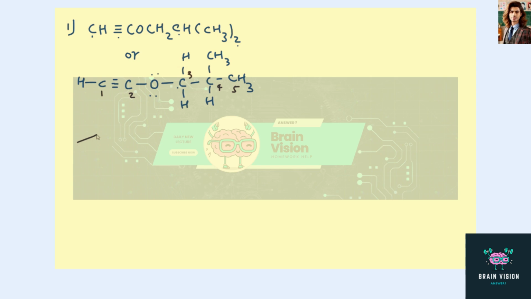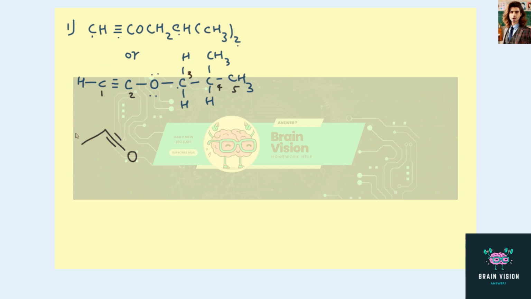So when I am drawing like this, here this is the first carbon atom, this is the second carbon atom, this is the third carbon atom. So this is how we represent the bond line formulas. Now this first carbon atom contains a triple bond and another carbon atom, and now this other carbon atom is attached to an oxygen atom, right?